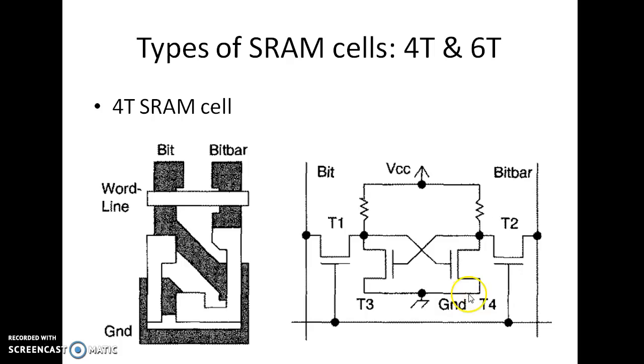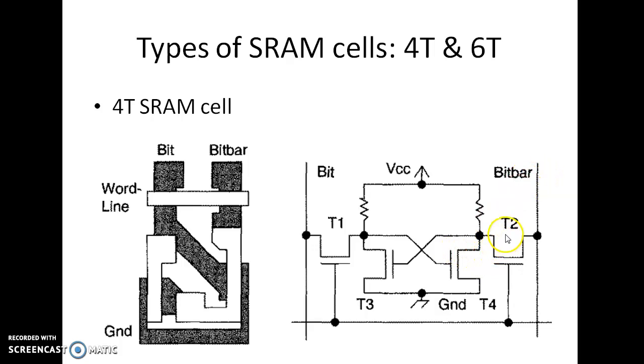This is a simple inverter. The actual input is given to the gate of the MOSFET, and the pull-up is a resistor. And what about T1 and T2? These are simple pass transistors. Pass transistors mean that if this is logic 1, the information from this node is passed to the bit line, and if this is on, the information is passed to bit bar.